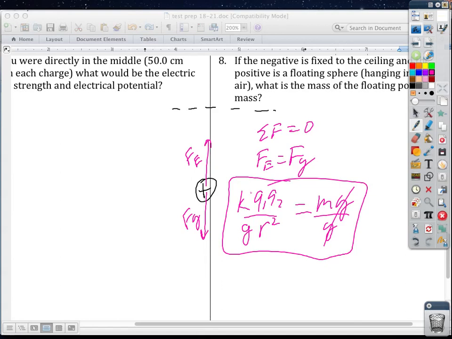What about the other part of number 7, the electric potential? Oh, sorry. If you know the electric field, multiply by Q, and then you get the electric potential. Because the electric field strength is KQ over R squared, and then electric potential is KQ over R. Why would you multiply it by another Q?